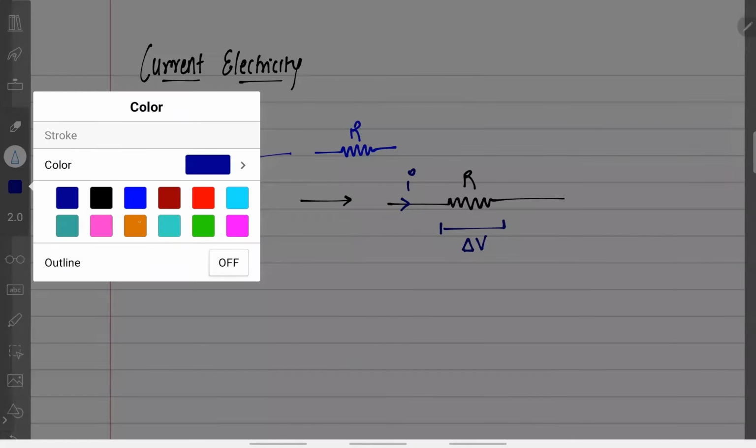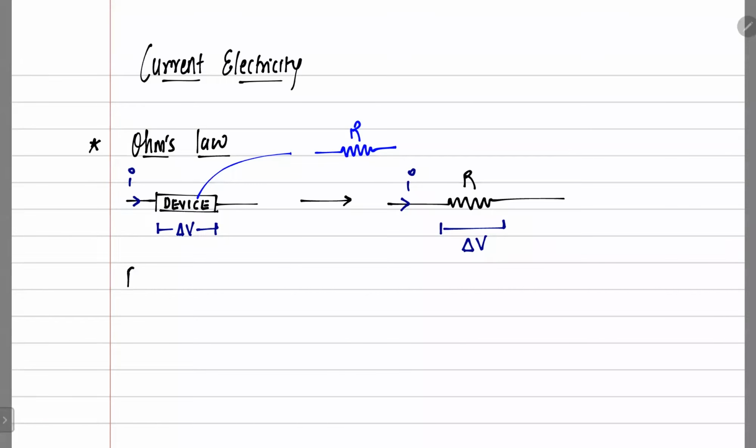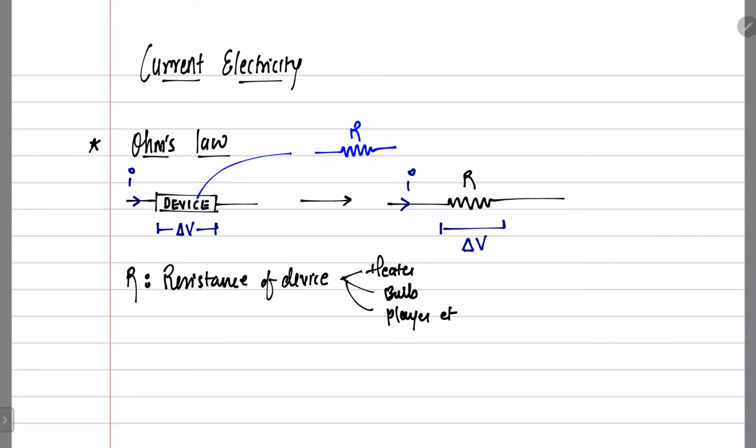Now, what are the meanings of these symbols? I'm going to write it down. R is the resistance of the device. It can be anything. The device can be an electric heater, a bulb, a music player, etc. The device can be anything.